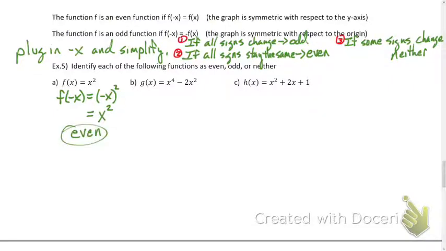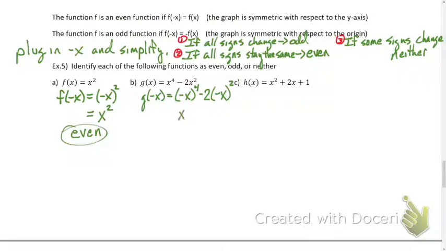Let's try it for g of x. Plug in negative x. Careful with those parentheses and exponents. And there's this rule: when you have an even exponent, it's going to be positive, because negative x times negative x is positive, times negative x is negative, but then times negative x becomes positive.